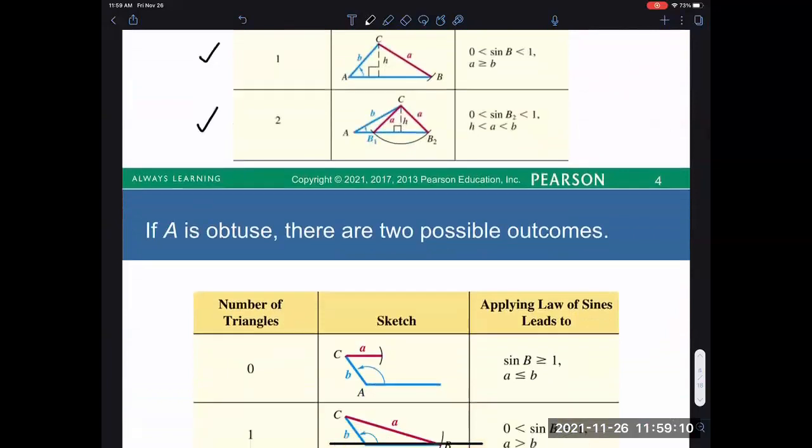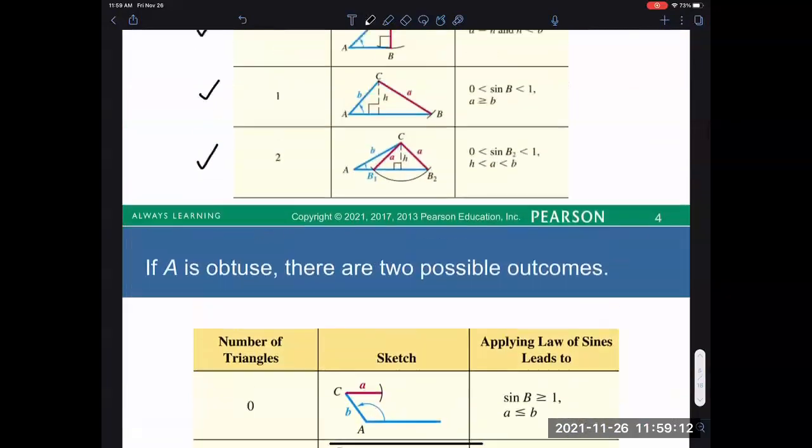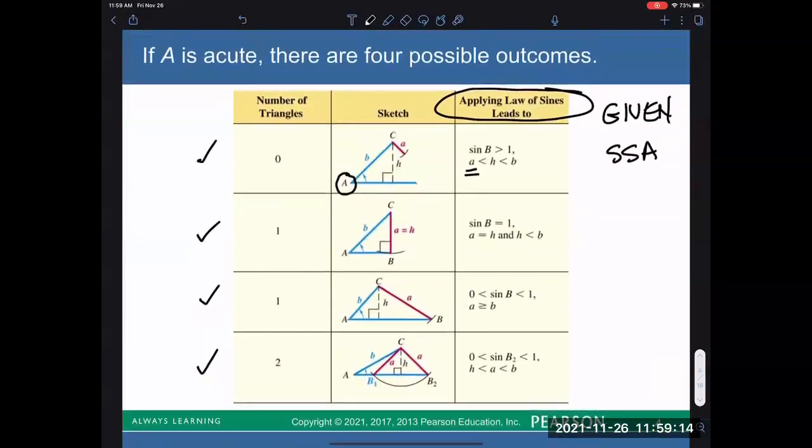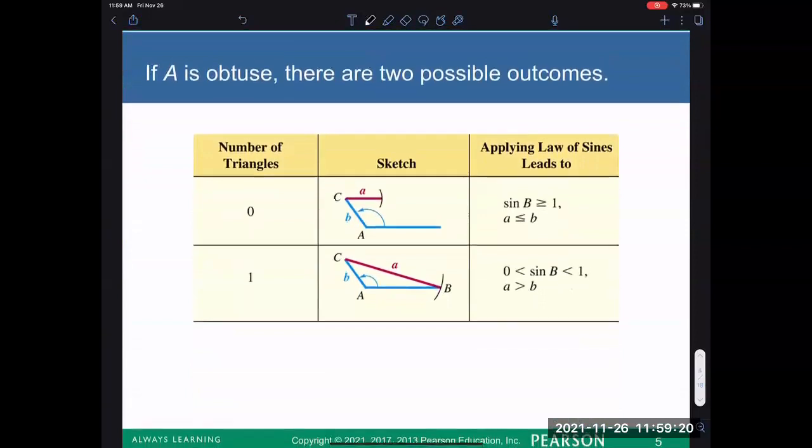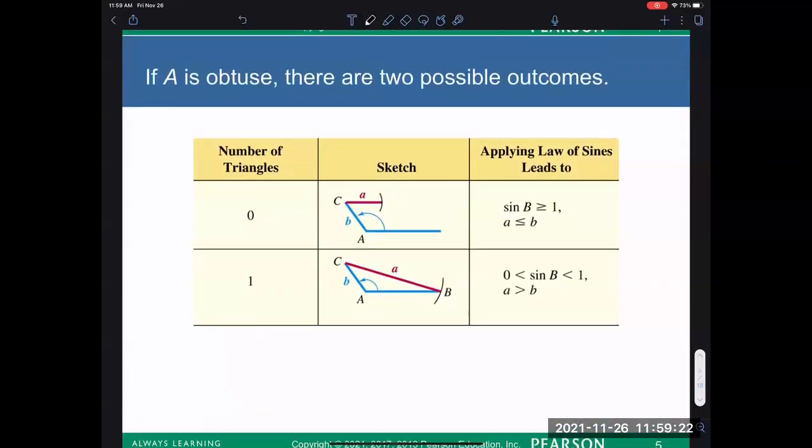The other possibility: these were all assuming that A was acute, and I drew the picture initially with A as an acute angle. If A is obtuse, meaning it's larger than 90 degrees, then there are only two possible outcomes.